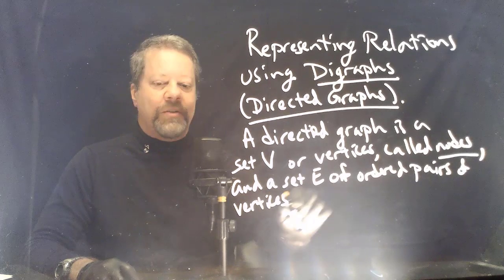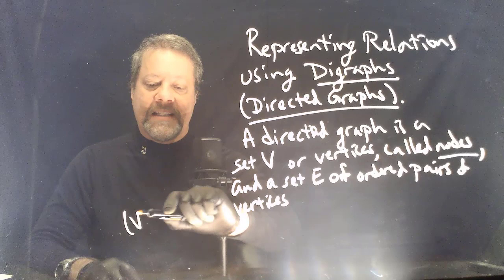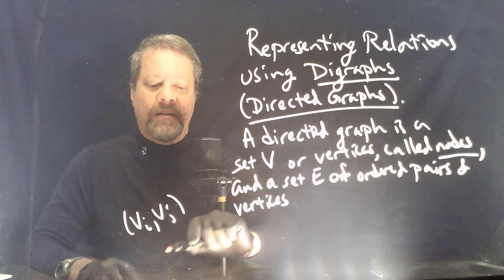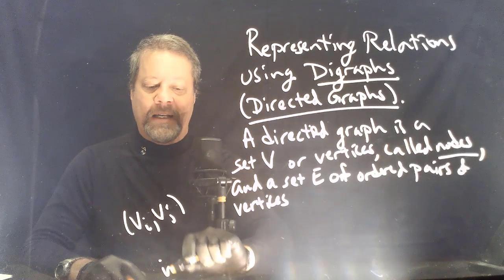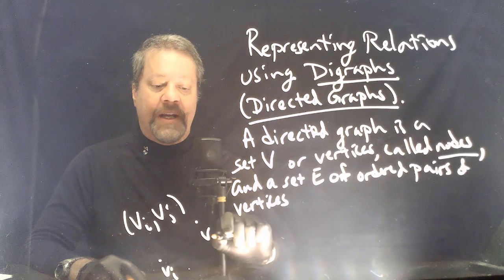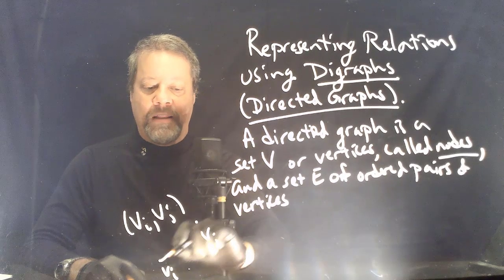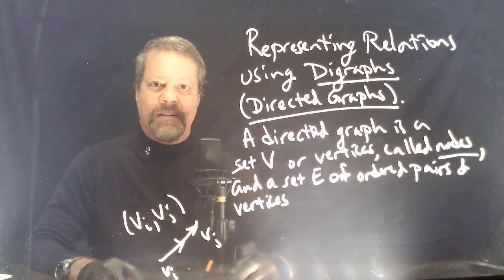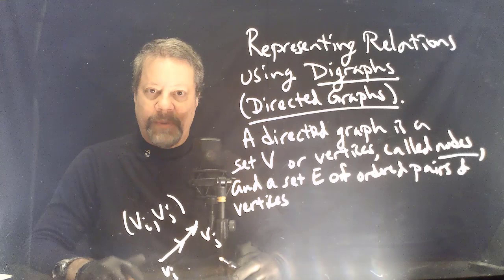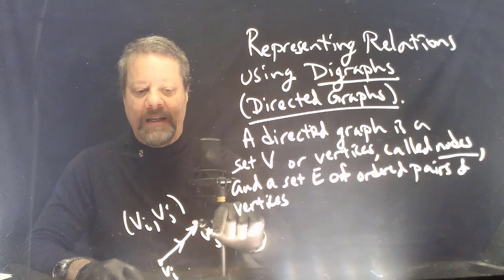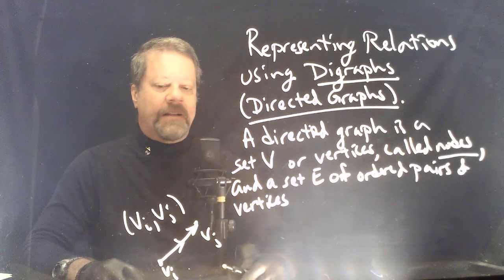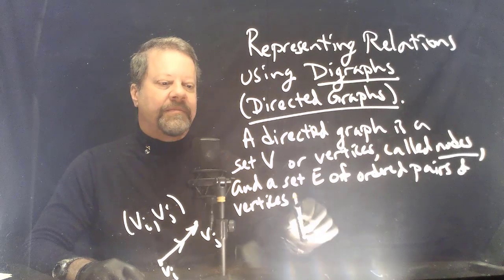We're going to think of these ordered pairs of vertices as being like line segments from VI to VJ. So if we have a node VI and another node VJ, this will be the directed line segment. It'll have a direction on it. We'll draw that in the center, typically. And so this will be a directed graph giving us the direction that this ordered pair occurs.